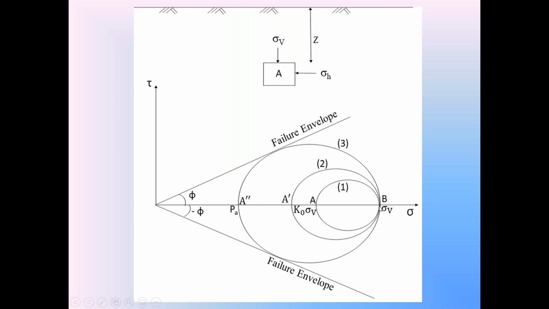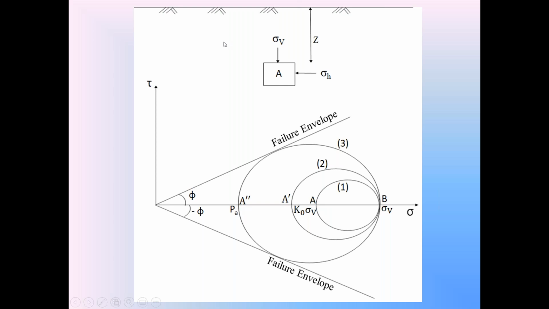But when the retaining wall moves away from the backfill, the backfill is subjected to horizontal stretching. Due to that, sigma H gradually decreases, and the point A moves towards the origin.